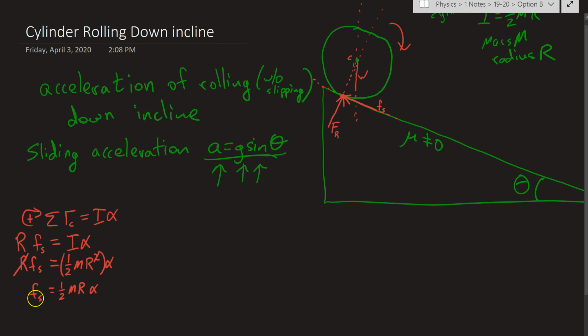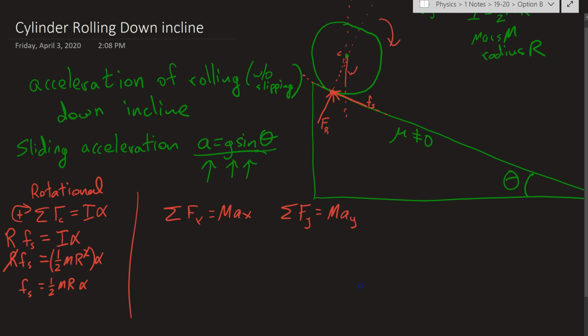That's an expression that involves friction and angular acceleration. So I need to look at the sum of the forces in the x equals mass times acceleration in the x, and I need to look at the sum of the forces in the y, which is mass times acceleration in the y. Now, so this was rotational.